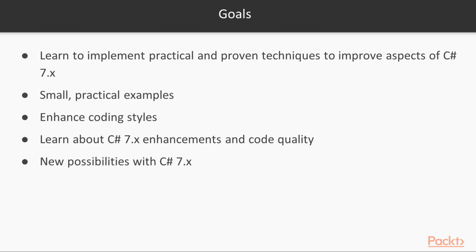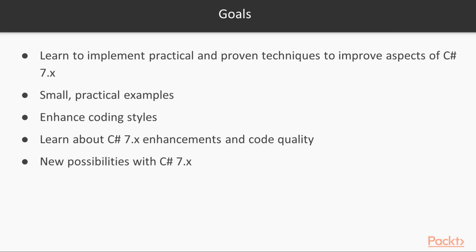With this course, you'll learn to implement practical and proven techniques to improve particular aspects of your C# 7 development. Each section covers techniques with explicit instructions to carry out different C# 7 tasks in a practical manner, and the techniques are demonstrated using small, practical examples you can experiment with.